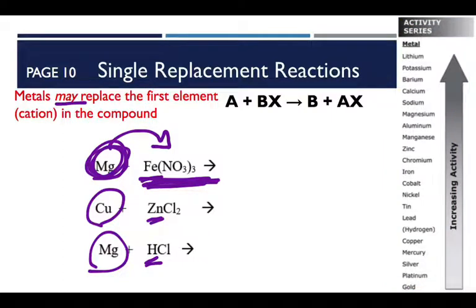So the elements all agree on who the best metals to be with are. That's what this activity series is. Lithium is going to form the strongest bonds, the most stable compounds. So every single element wants to be with lithium. When we talked about this in class, students were saying that lithium was kind of the Zendaya of all of the elements on the periodic table. Just the hottest one out there, most desirable, most stable.